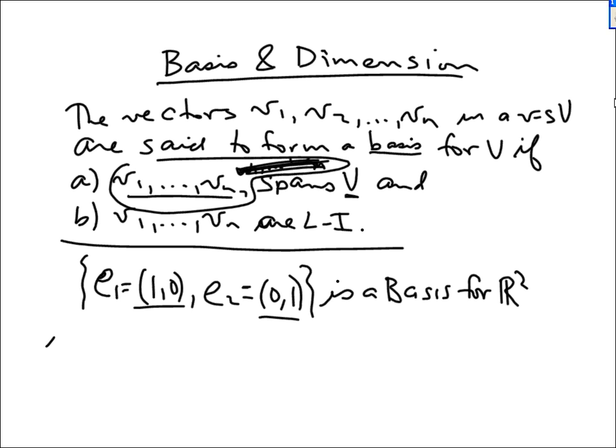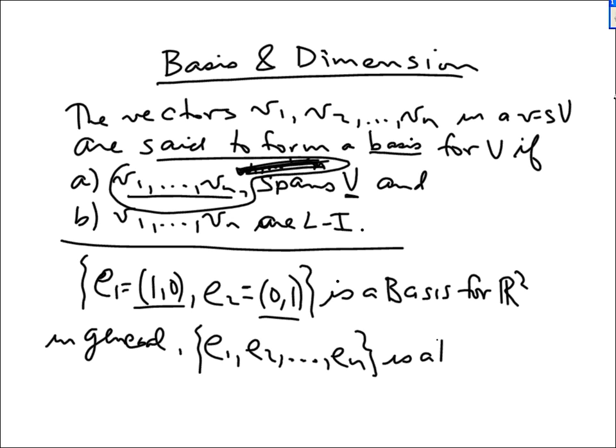In general, the set e1, e2, up to en is a basis for Rn.